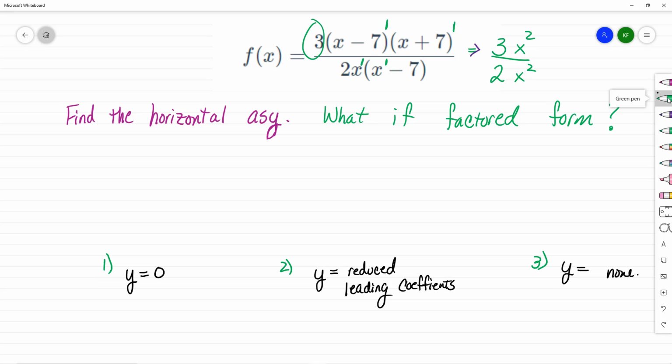So as you can see, we're now going to figure out which case I have. I do not have the case where the bottom is bigger than the top degree. So I don't have that one. I do have that the bottom degree is equal to the top degree. So that means I'm going to take the reduced fraction of the coefficients. So that means that y is equal to 1.5, which is 3 over 2.